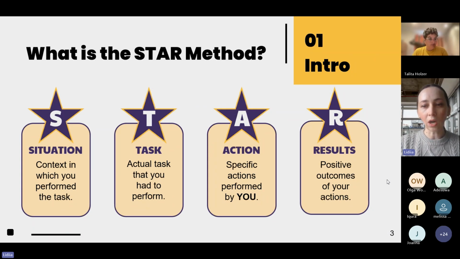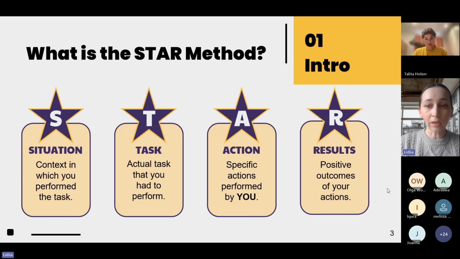This is an introduction to the story where you paint the scene. Start by describing the context within which you performed a task or faced a challenge at work. Mention what your role was and how this situation affected your work. Letter T, task. This is when you explain the actual task or challenge that you were involved in.